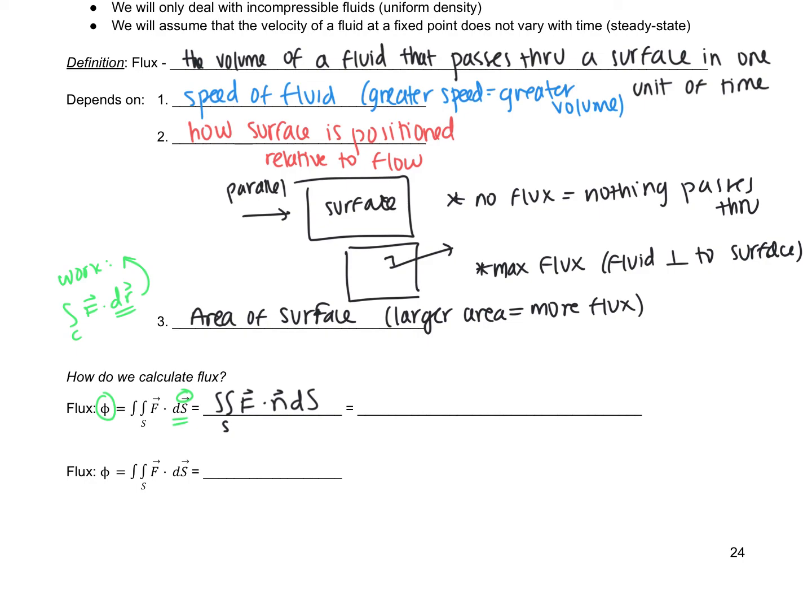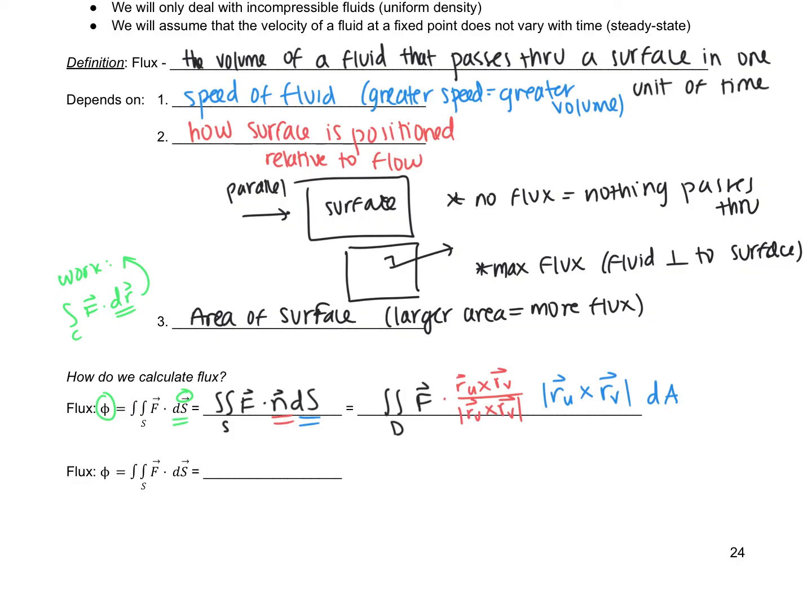The way that we can write that is the double integral over the region D of F dotted with the orientation, which we found to be r_u cross r_v divided by its magnitude, times dS, the surface area element, which is the magnitude of r_u cross r_v dA.